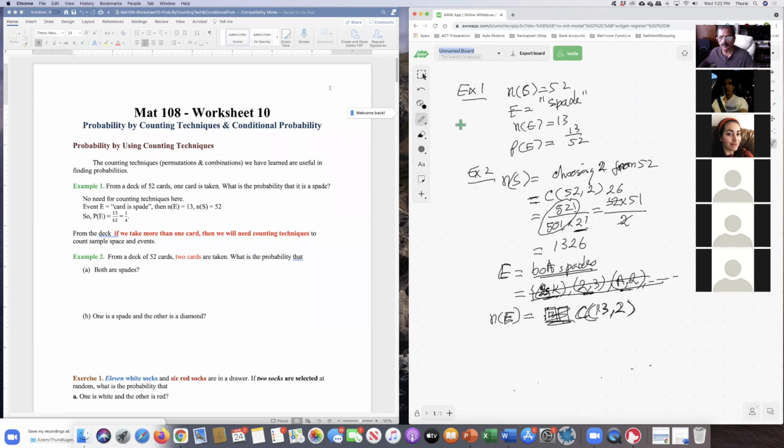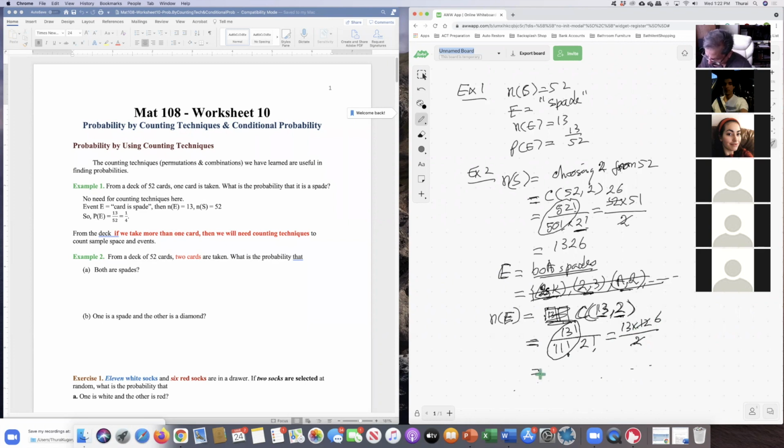Let me do that myself so that everybody can see how that simplifies. Some of you may have forgotten the counting formulas, so I want to recall that. 13 factorial divided by (13 minus 2) factorial, which is 11 factorial, times 2 factorial. So 13 factorial over 11 factorial will simplify to 13 times 12, divided by 2 factorial, which is 2 times 1. 2 divides the 12 into 6.